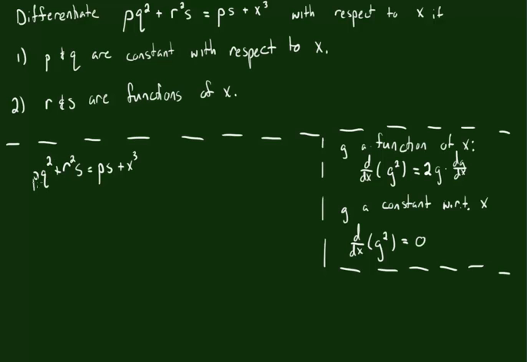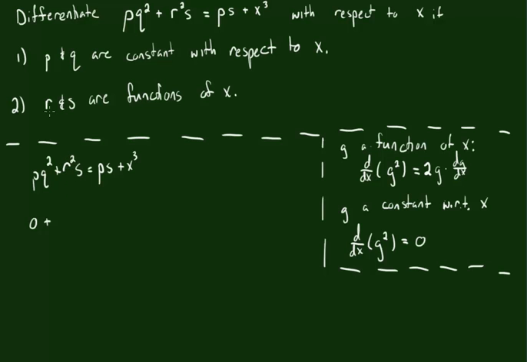As x changes, neither p nor q changes, which means this entire pq squared term is a constant term. It does not change. And as we know with derivatives, if you differentiate both sides with respect to x, the constant terms are going to disappear. So when we take the derivative of the left-hand side, the pq squared turns into 0. And now we have the r squared s.